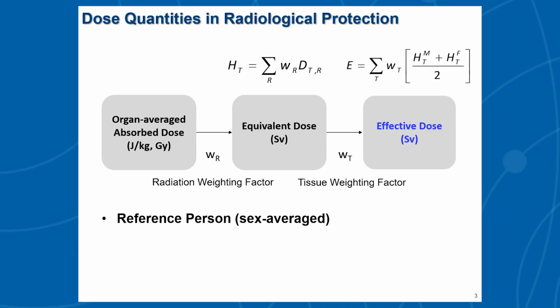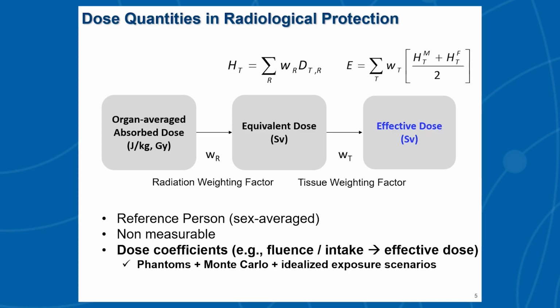For practical implementation of radiological protection, effective dose especially is not defined for each individual, but defined for the sex-averaged reference person representing the whole population. Also, these protection quantities are not directly measurable.